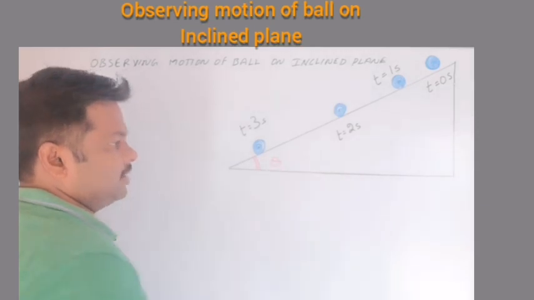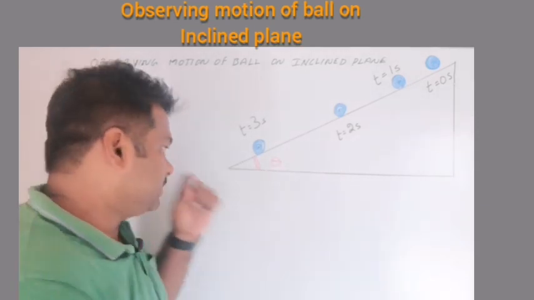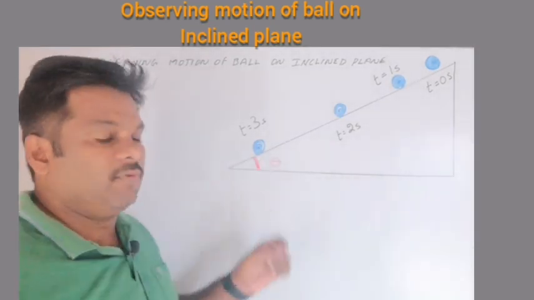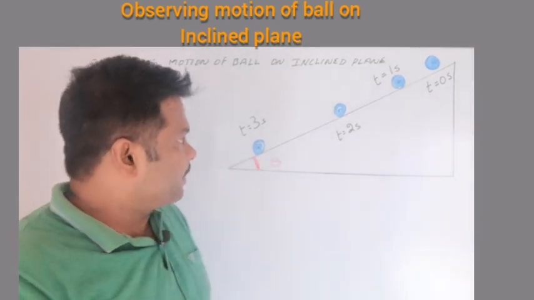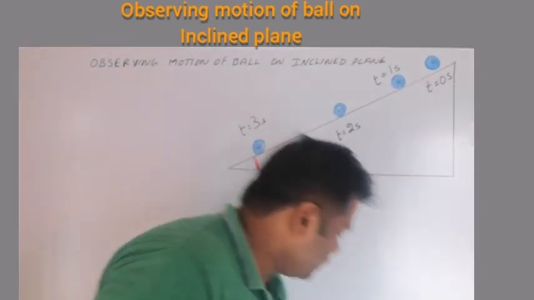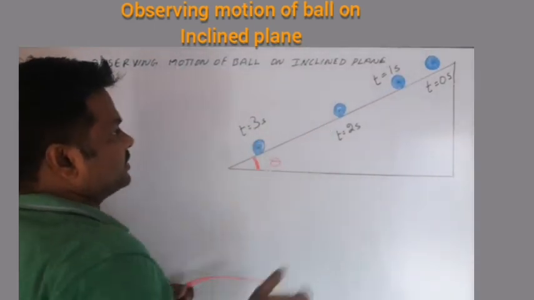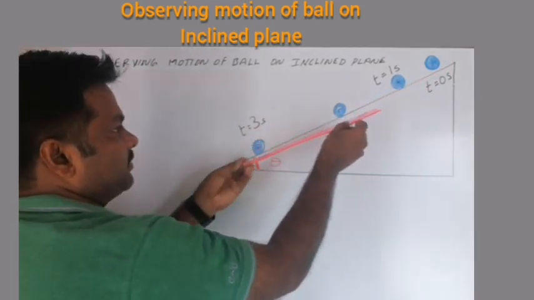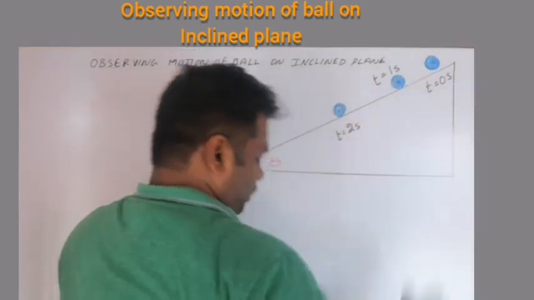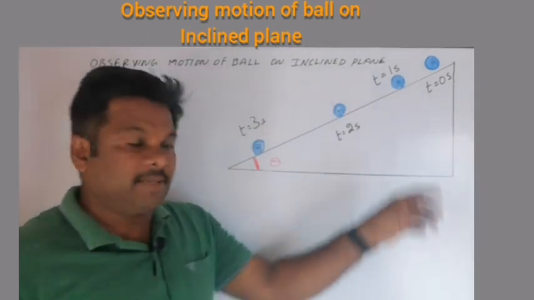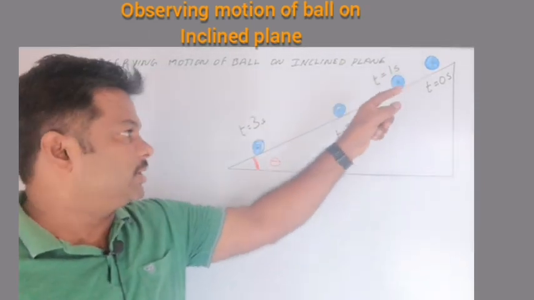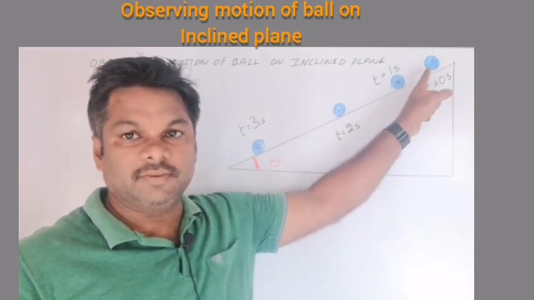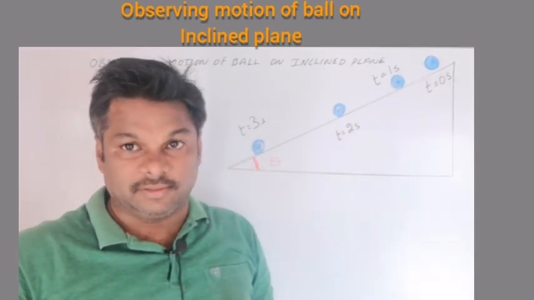An angle is always represented with the letter theta; you can watch the angle of inclination here. Now on this inclined surface, if I keep a ball on the top of this wooden triangular box, it will roll down towards the ground.